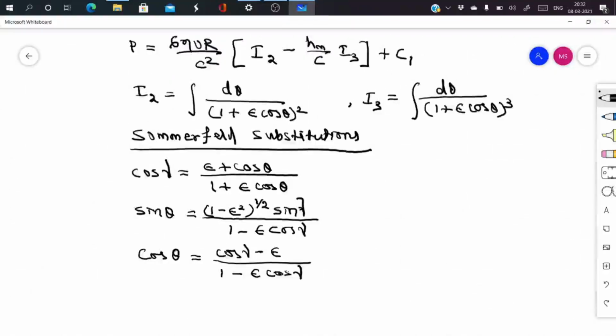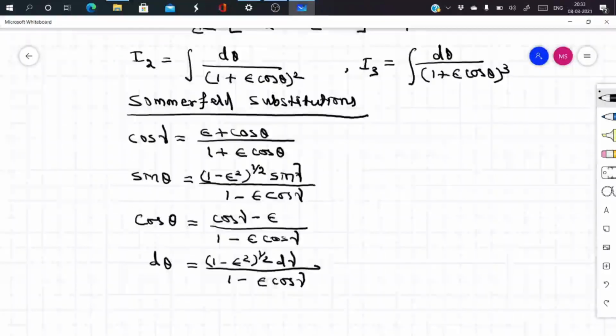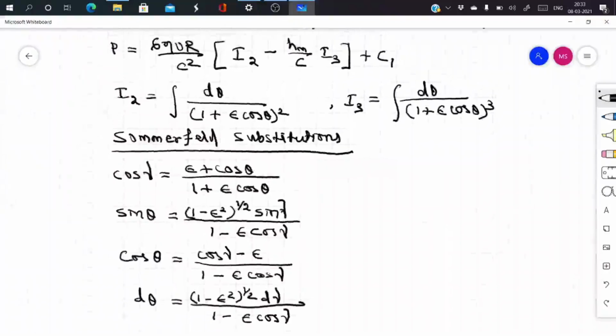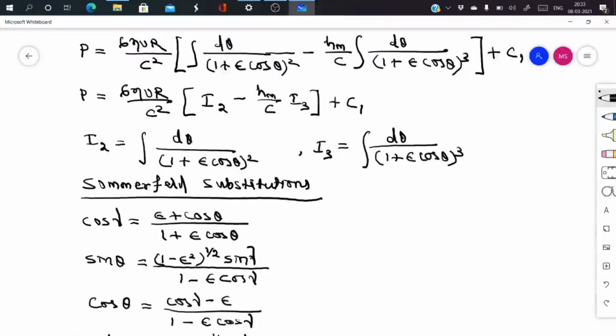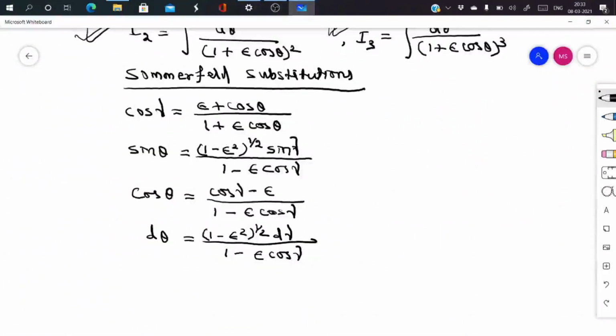and d theta will become (1 minus epsilon square) to the power 1 by 2 d gamma divided by 1 minus epsilon cos gamma. Okay, so these are the substitutions for sin theta, cos theta and d theta used in these integrations, and then you should be able to integrate.